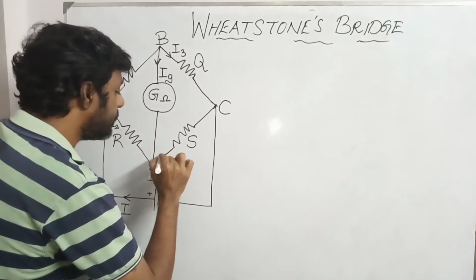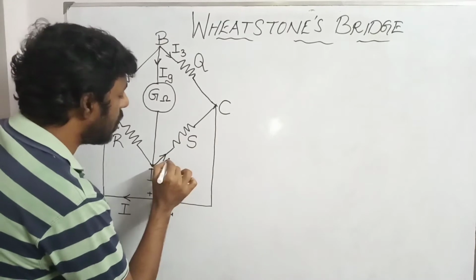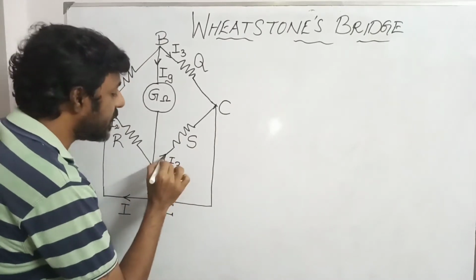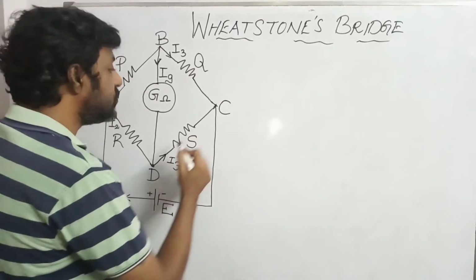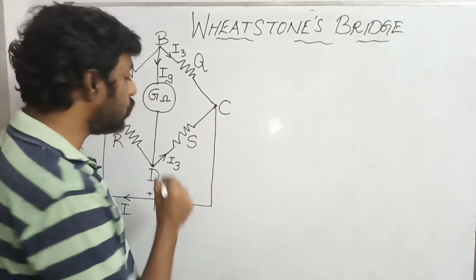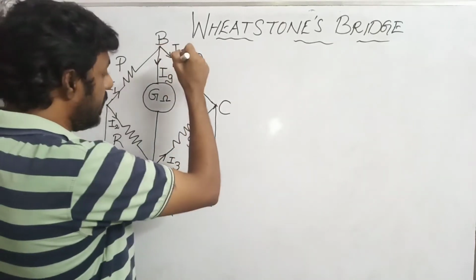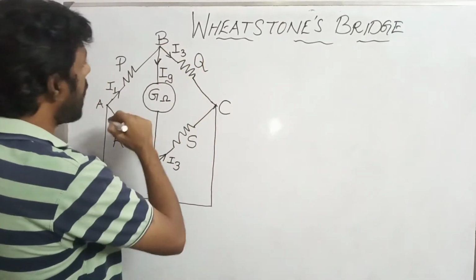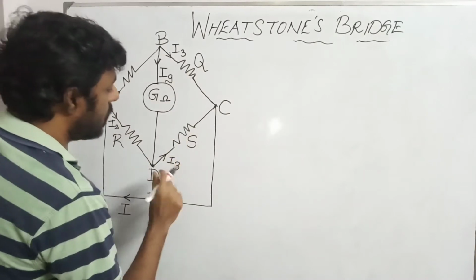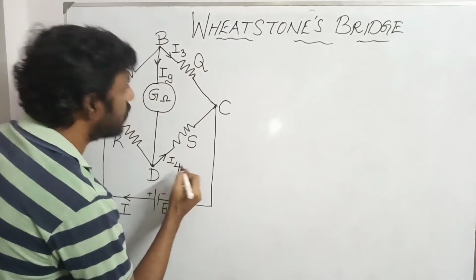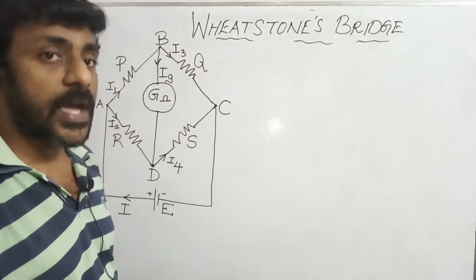Another current I3 flows through the branch DC through the resistor S. Sorry, we can assume it as I4 because we have already named the current here as I3.